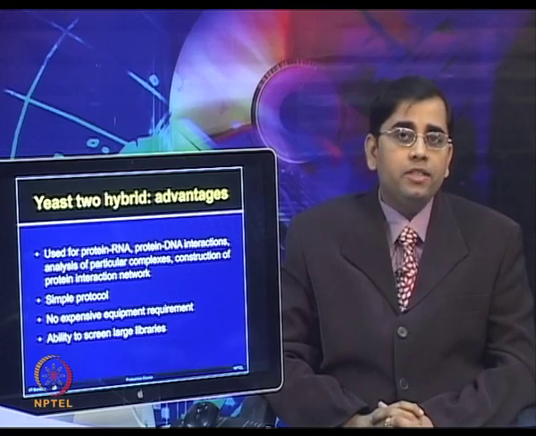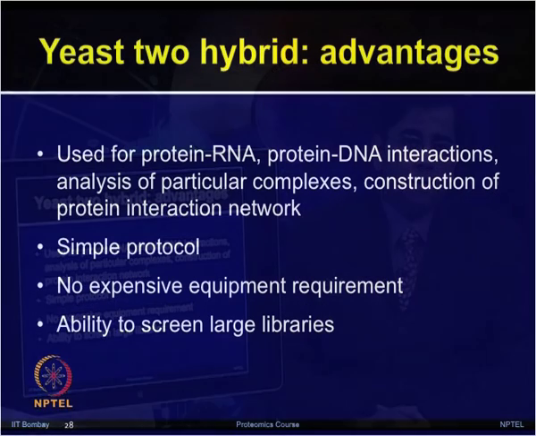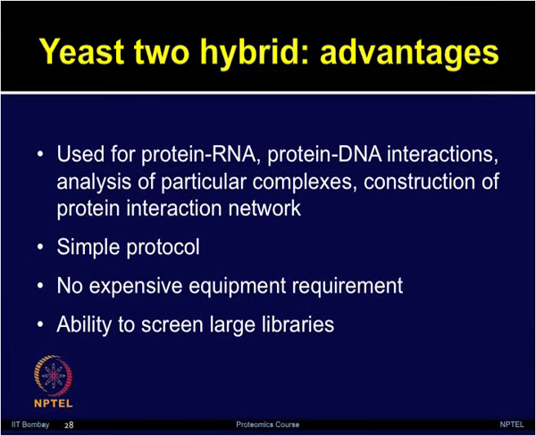What are the different advantages of using the yeast two-hybrid system? As I mentioned, since 1989, when it was shown for the first time for studying protein interactions, it has been used for various types of applications, including protein-RNA, protein-DNA, analysis of particular complexes, as well as studying large protein interaction networks.